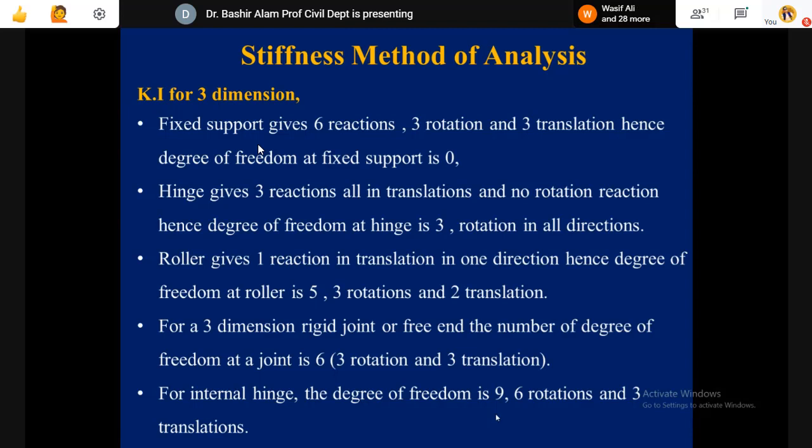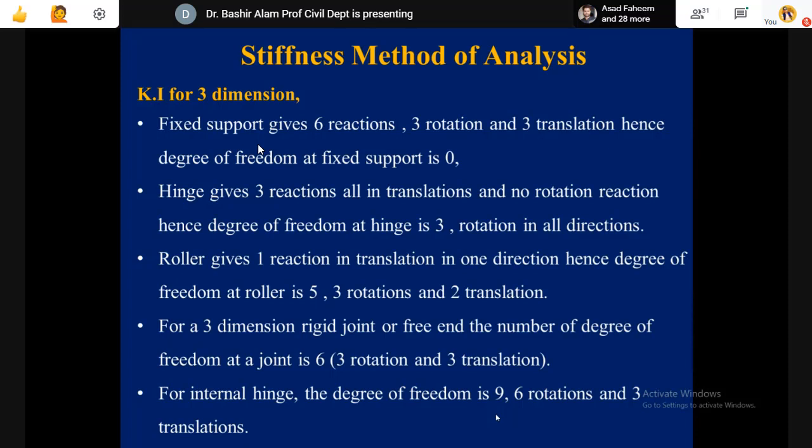A hinge gives 3 reactions, all in translations and no rotation reaction. It will be allowing 3 rotations, so it is 3 degrees kinematically indeterminate. The degree of freedom is 3.